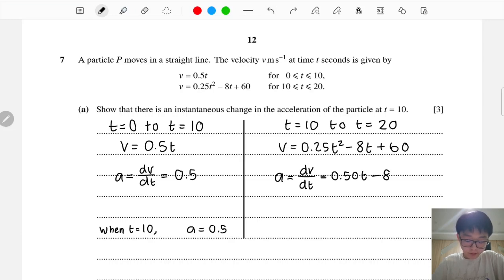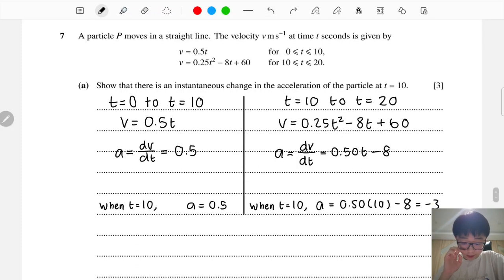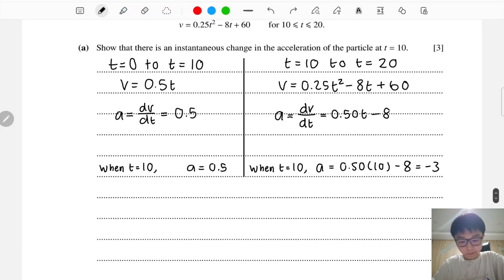Now plugging in t equals 10, a is equal to negative 3. And that's it. So we already showed that using the first equation, a is 0.5, but using the second equation, a is negative 3 at time t equals 10 seconds.